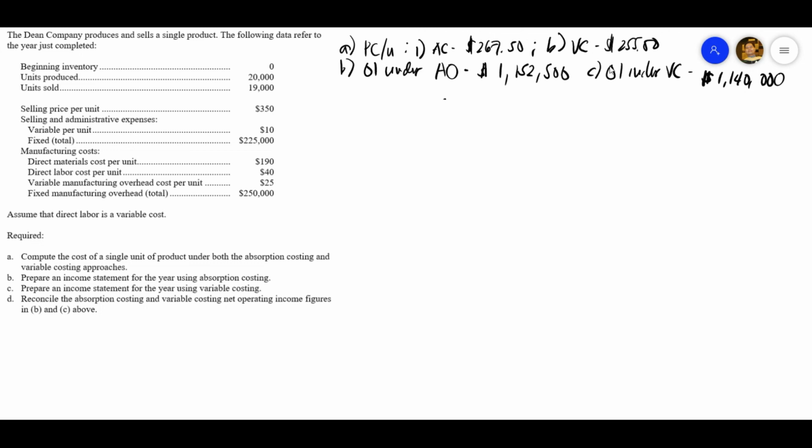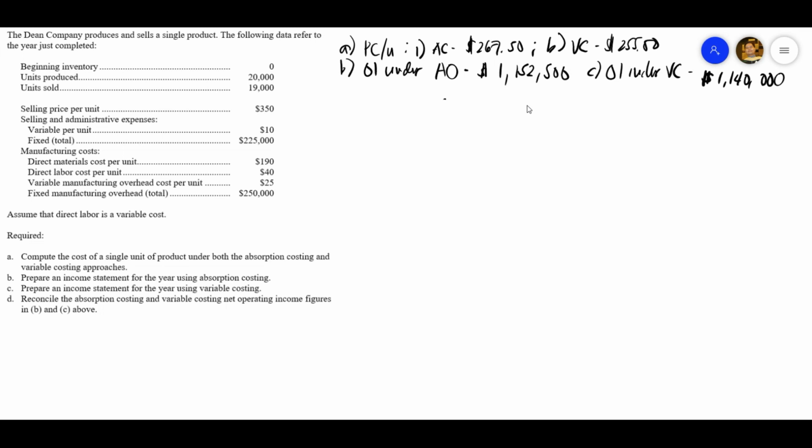So in this case, since the fixed manufacturing overhead cost under variable costing is now outrightly expensed, our expectation is that the resulting operating income or net income will be less than the operating income under absorption costing, just like in this problem. What's the reason behind?